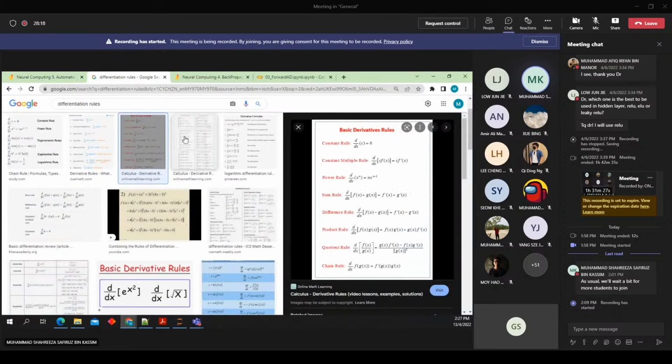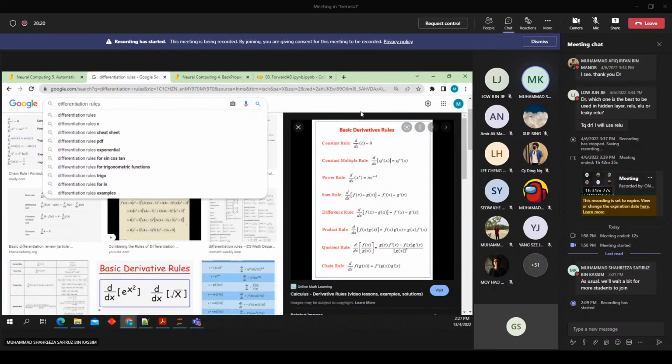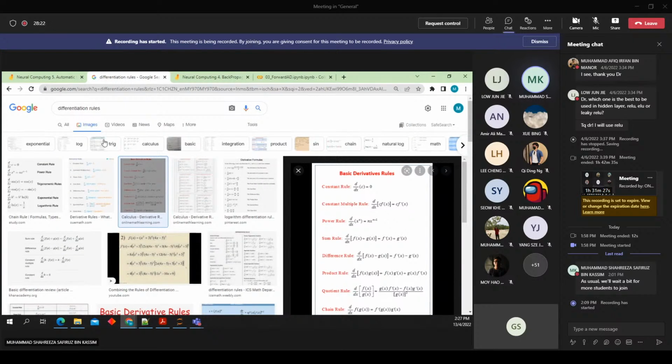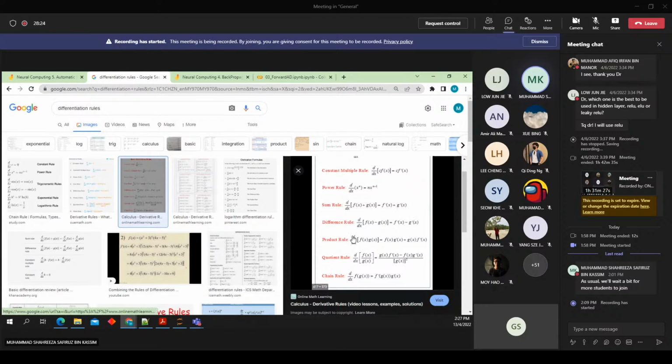You can just Google differentiation rules images, and you get all sorts of rules here. So this is the rule. The chain rule is very convenient when you have a function of a function of functions, which is what we have for our neural network and for our computational graph.